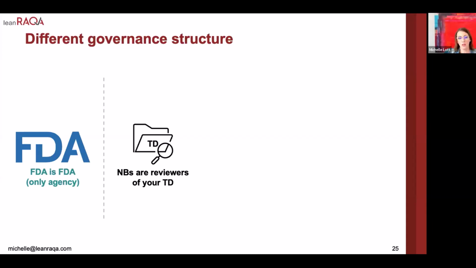So while the EU is moving to try to get these groups all trained together so everybody gets the same information at the same time to standardize their interpretation, that traditionally hasn't been most people's experience with the review process with the notified bodies. These are also individual, private, for-profit, as opposed to government entities.